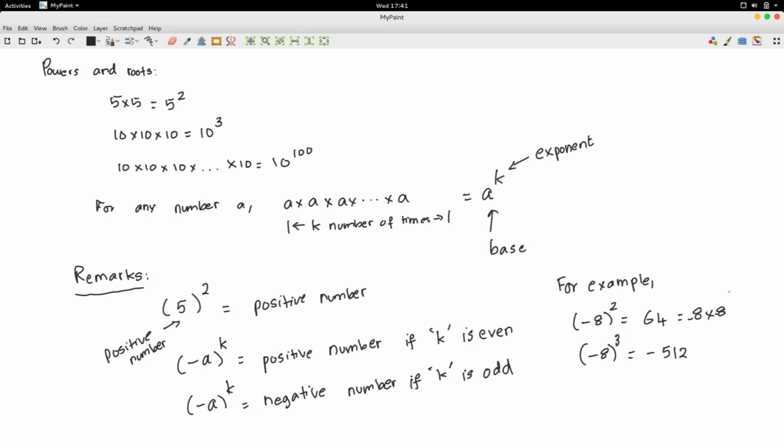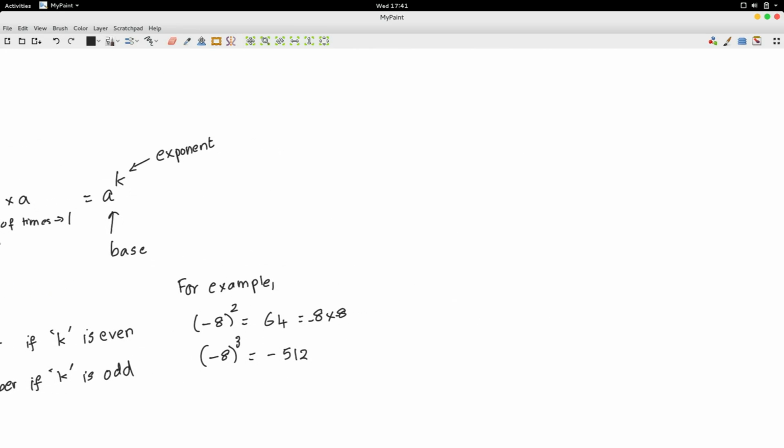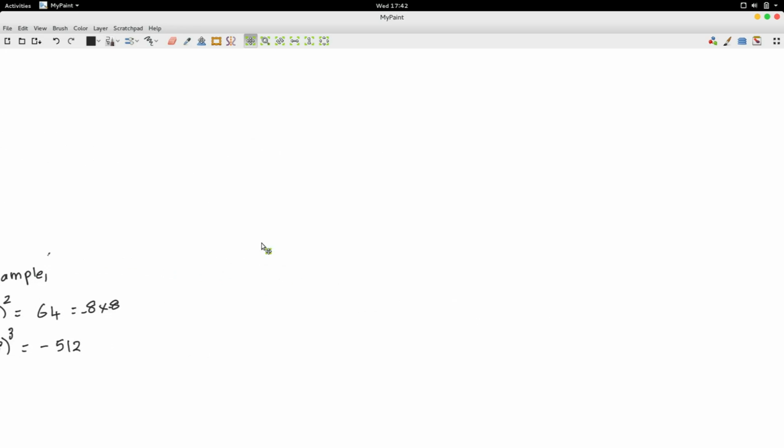Now, the inverse operation of powers is taking roots. Suppose I would like to get rid of a power.